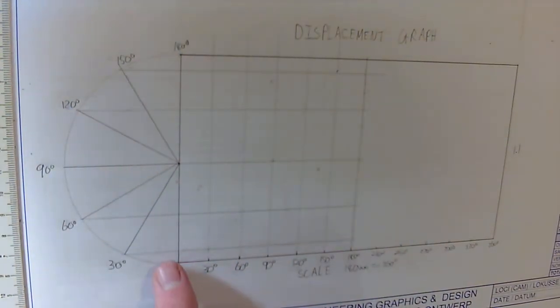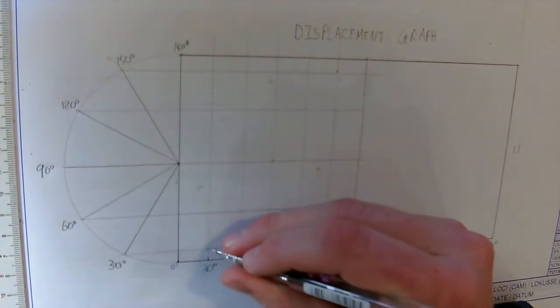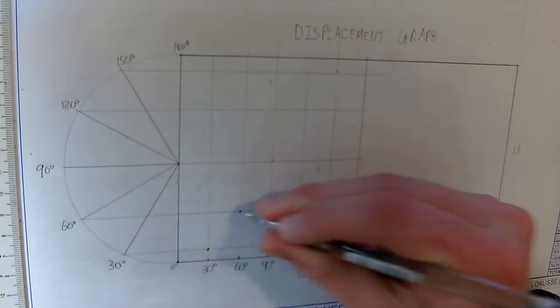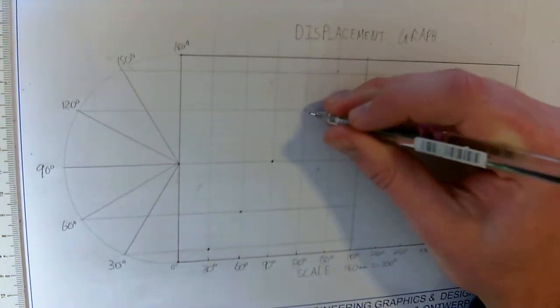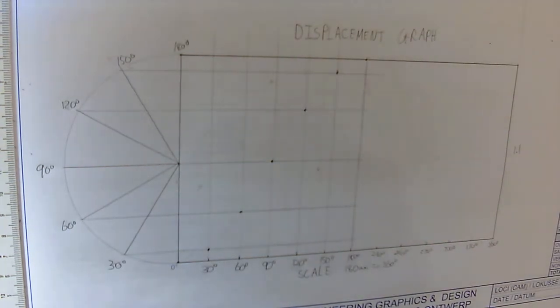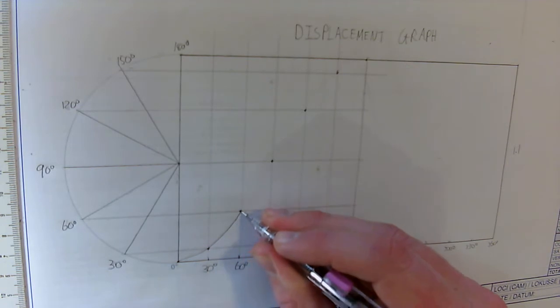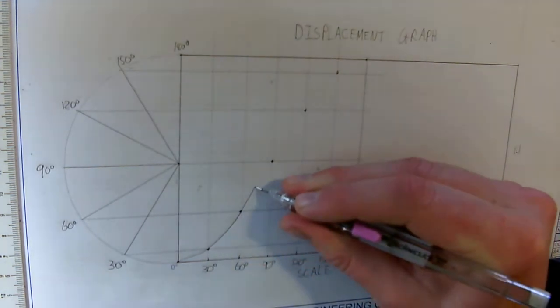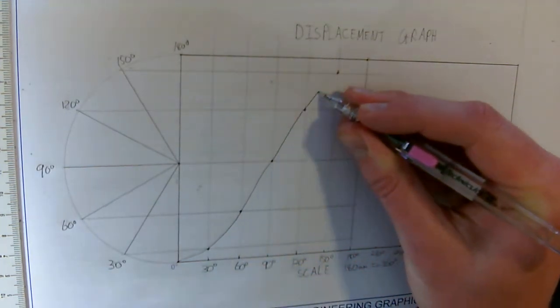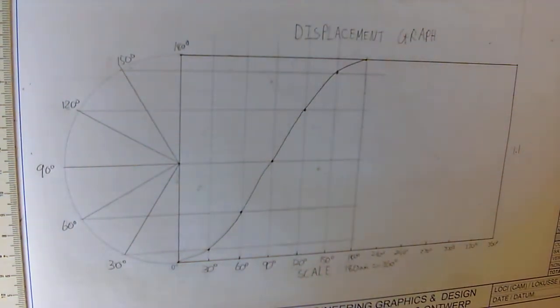And where the horizontal and vertical degrees, the similar ones, overlap, you make a dot there. So 0 and 0, 30, 60, 90, 120, 150, and 180. And with a very neat freehand, or by using your French curves, connect them together. Okay, that was harmonic motion.